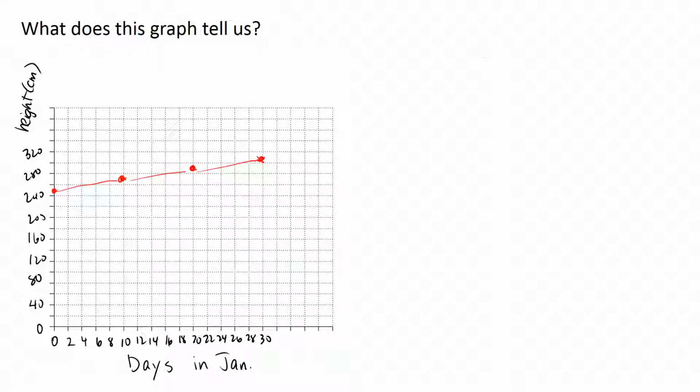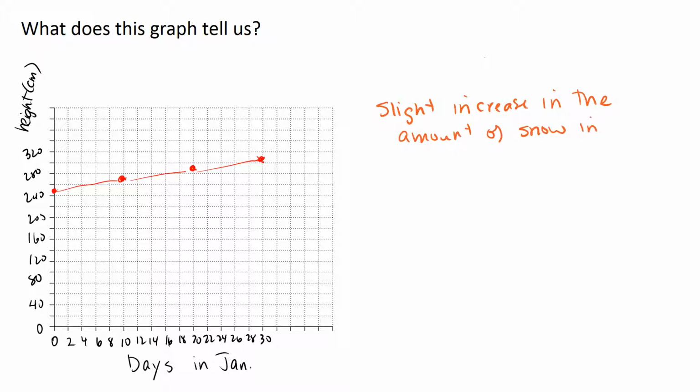So what does this graph tell us? Well, it tells us there is a slight increase in the amount of snow in January. Could we use that to predict what's going to happen in February?